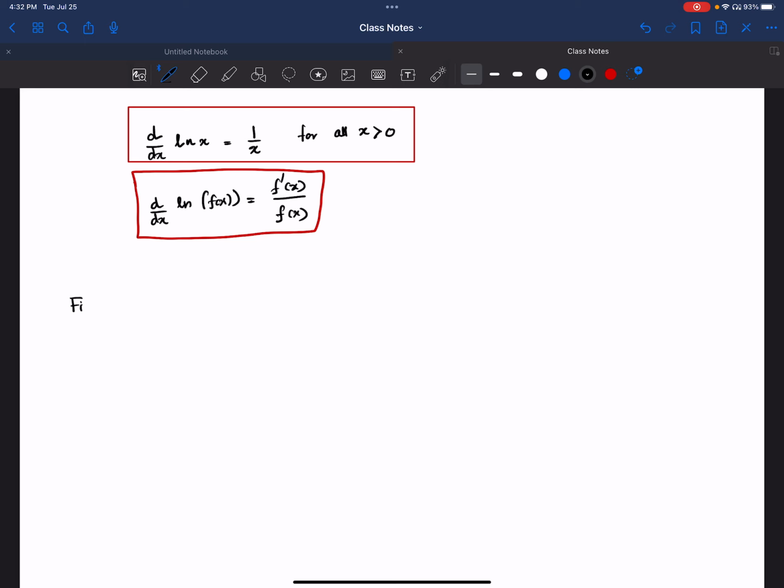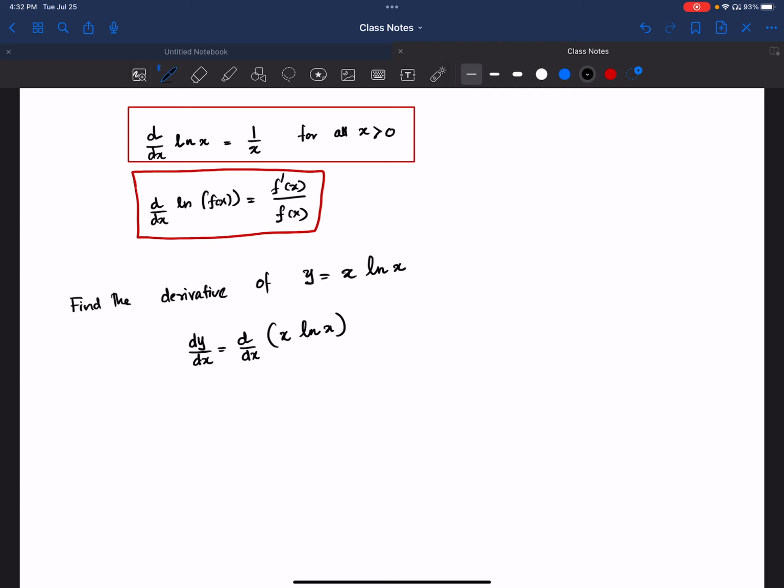Find the derivative of y equals x times natural log of x. So I'm going to find dy over dx, which is d over dx of x times natural log of x.